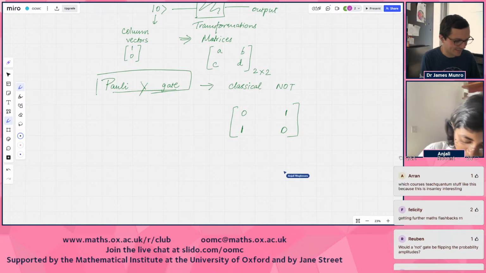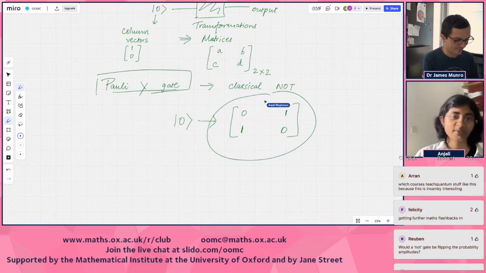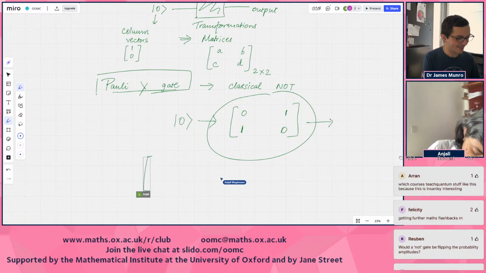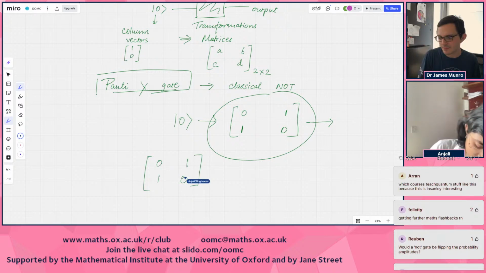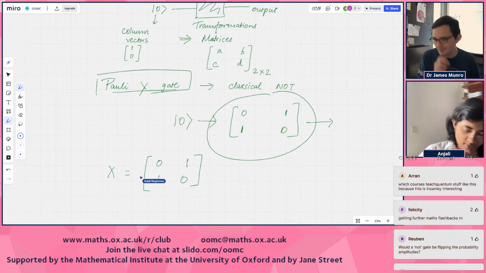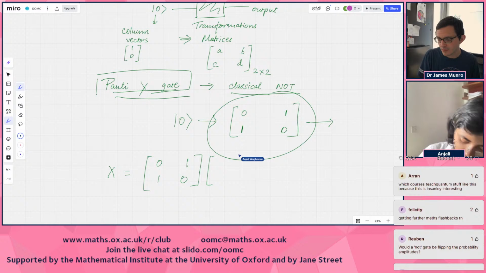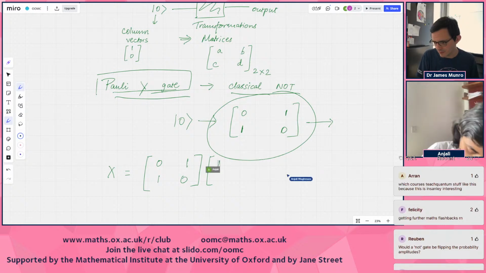So let's say we are throwing the 0 bit into this transformation, and we want to see what we get out of it. So how we write this is you have the matrix X, which is the Pauli X gate, same as the classical NOT gate, and you act this on the state 0. State 0 is just 1, 0.